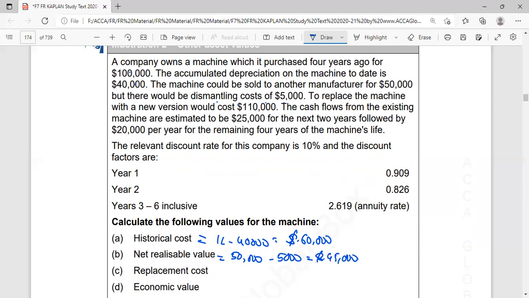And to replace this machine with the new version would cost 1,10,000. If you want to purchase that asset at present, how much amount is required to pay? That information relates to replacement cost: 1,10,000. Then how many years are already completed? 4 years.